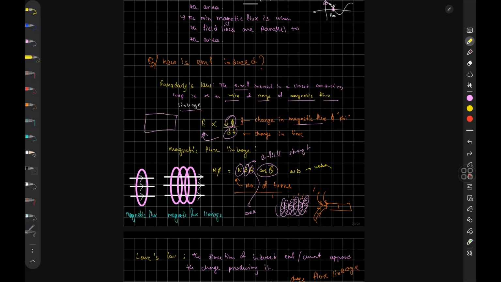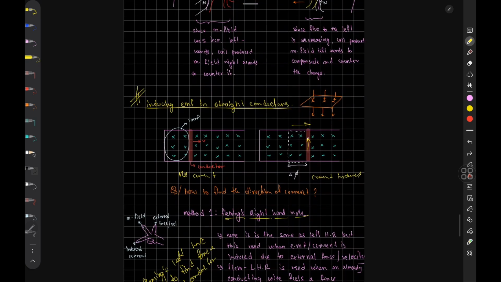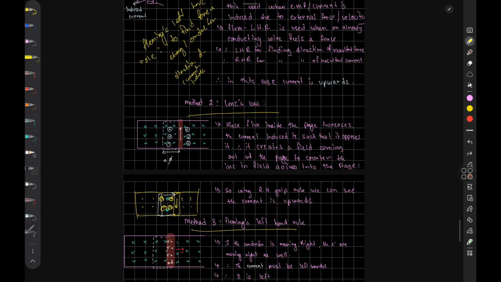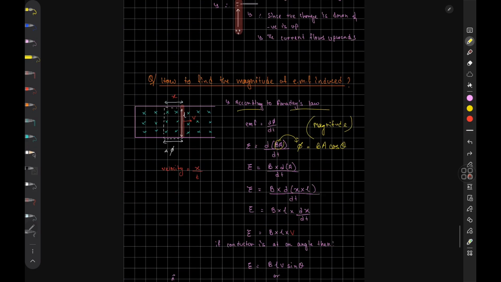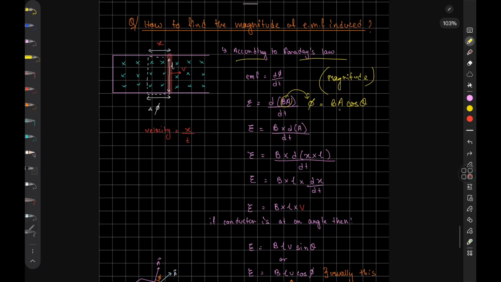N is basically the number of turns that you have, and it's more seen with coils. Over here I just have one piece of wire, so it doesn't really matter. So there's no N, and if there's N, it will be 1. Anyways, this is BA cos theta, which is good, and cos theta, the degree is 90 degrees, so cos theta is 1 over here. Very good.